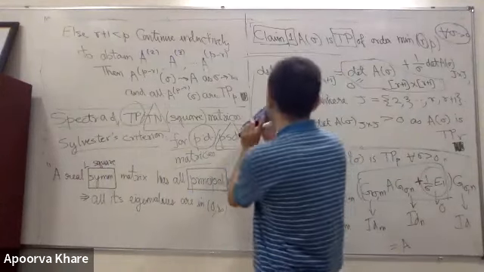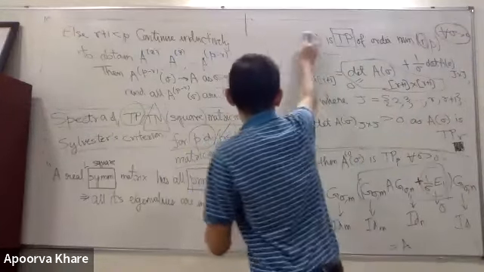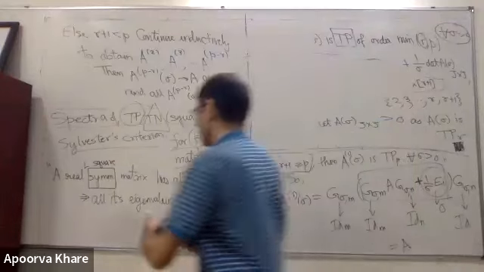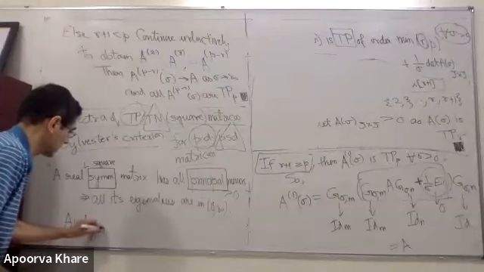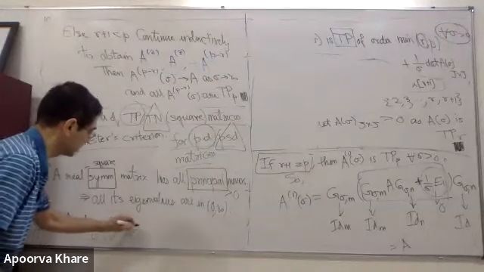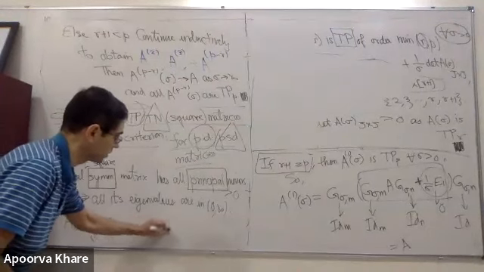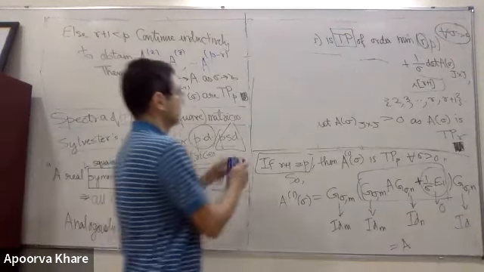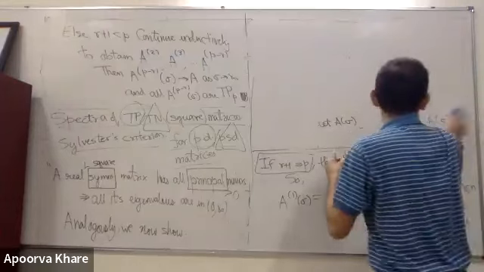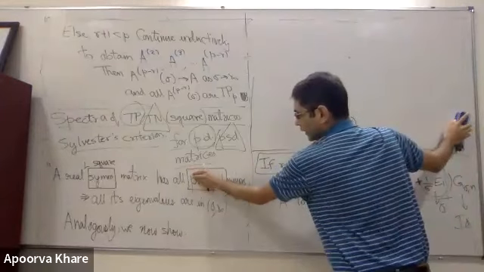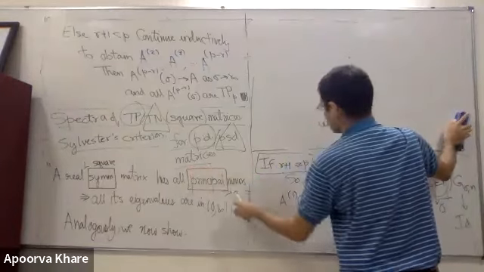Okay. So we are going to prove that first. So analogously, we now show: take a real square matrix which is totally positive. All its minors, forget the word principal, are positive.